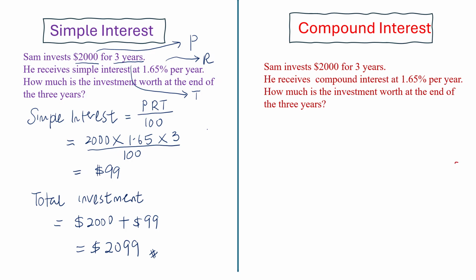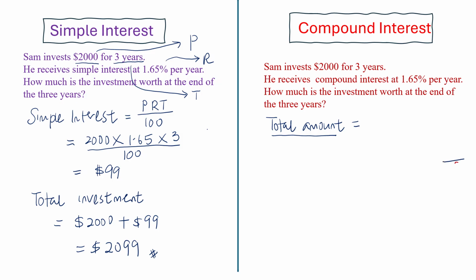This formula is used to calculate the total amount, which is different from what we have done earlier. Earlier, the formula PRT over 100 was only used to calculate the simple interest.